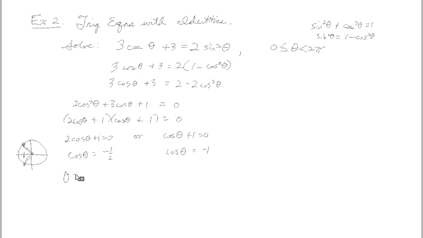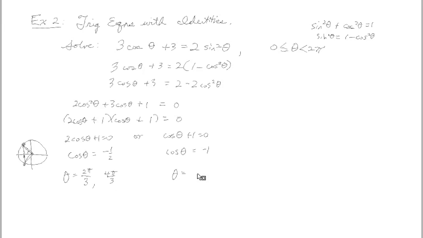So cosine is -1/2 at, that's going to be a 60 degree reference angle, so theta would be 2 pi over 3 and 4 pi over 3, because that's what this angle is.